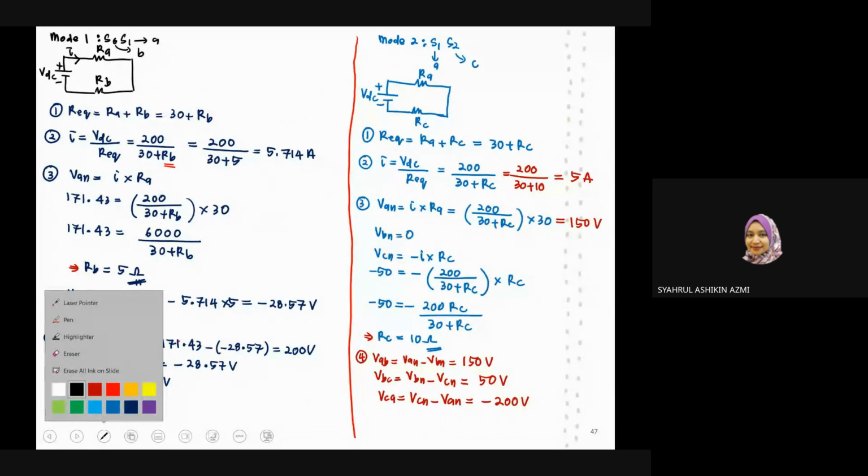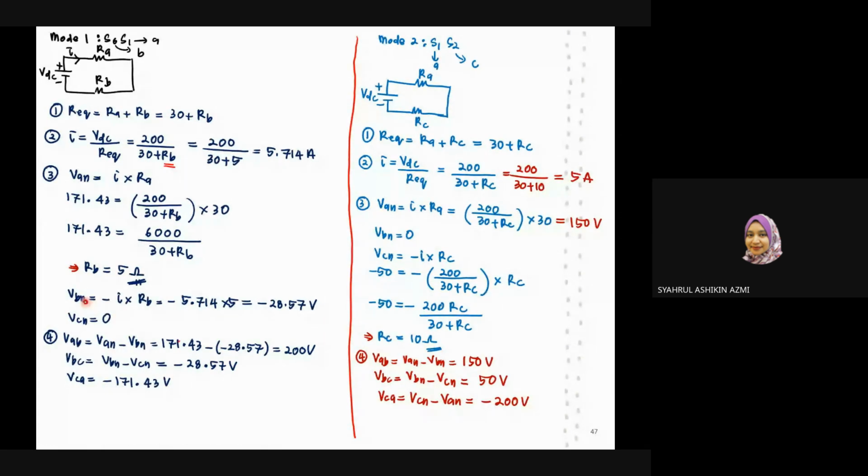Next, remember in mode number 1, VBN is unknown, right? So you need to find the value of your VBN. Your VBN, refer back to this, is connected to the negative terminal of your DC link voltage. RB and I were calculated just now.